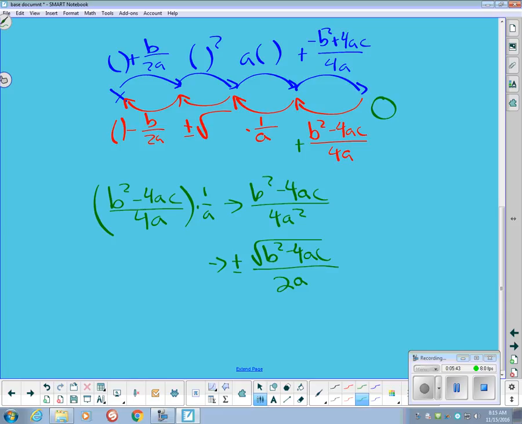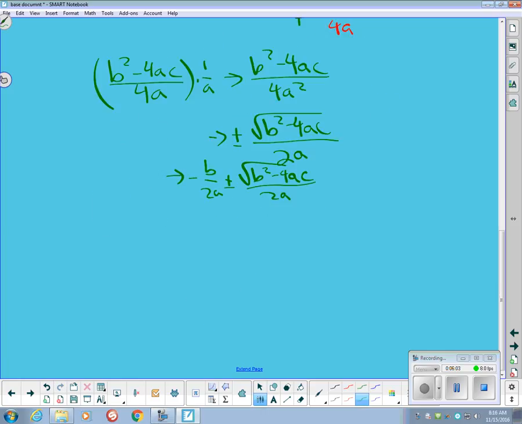And then finally, I'm going to subtract b over 2a from that, or add negative b over 2a. So that becomes negative b over 2a plus or minus the square root of b squared minus 4ac over 2a.